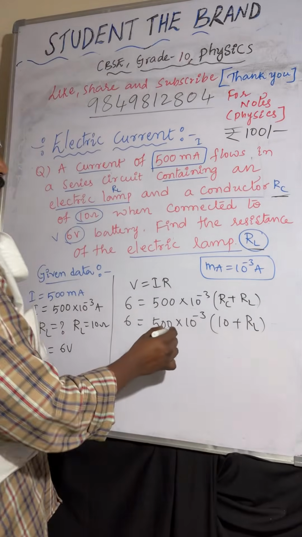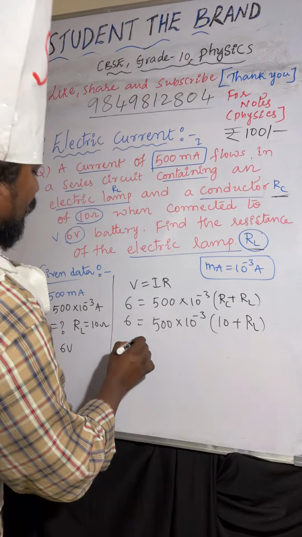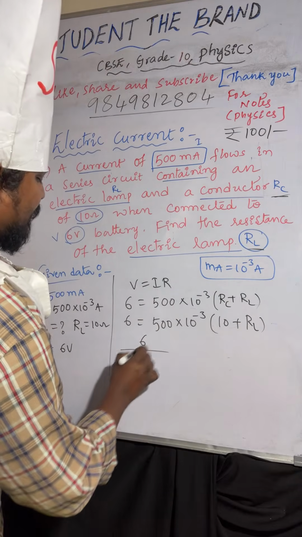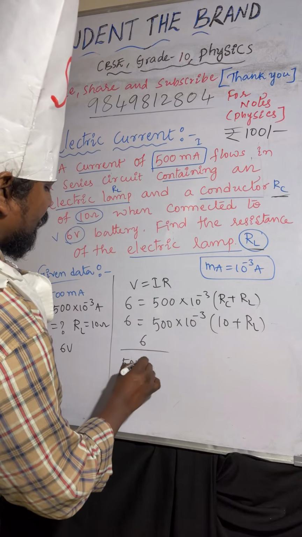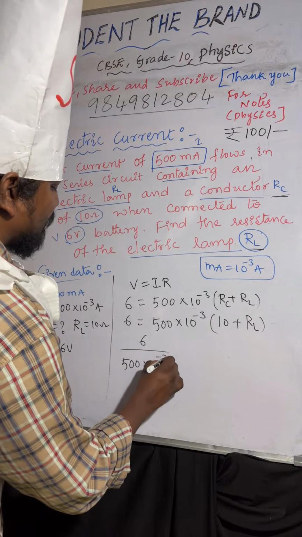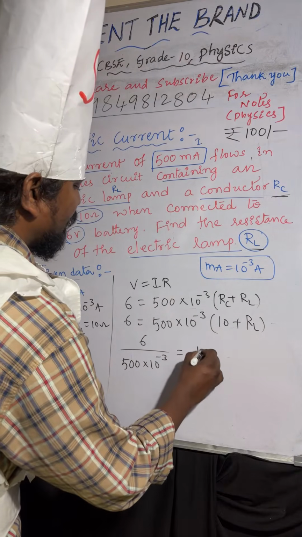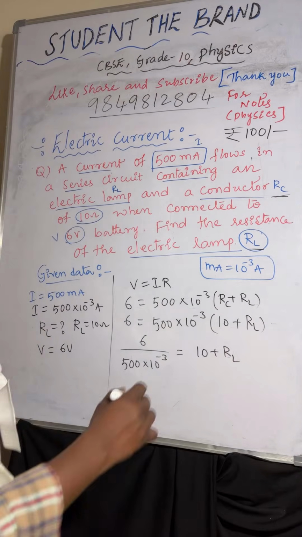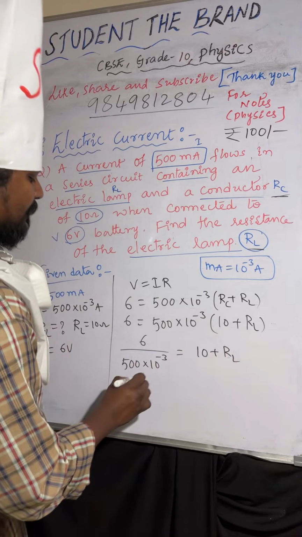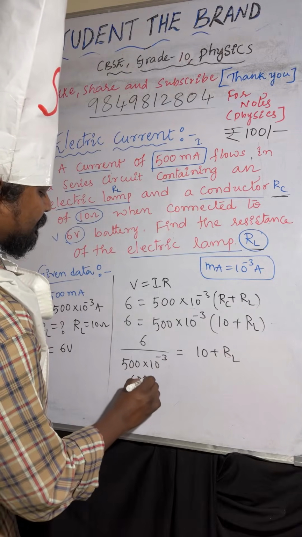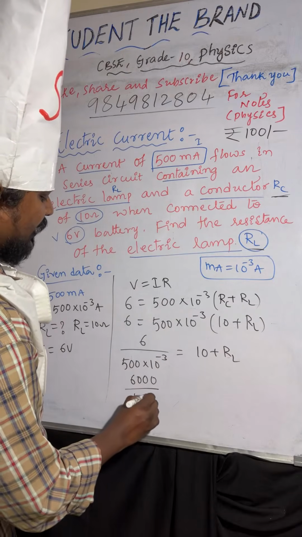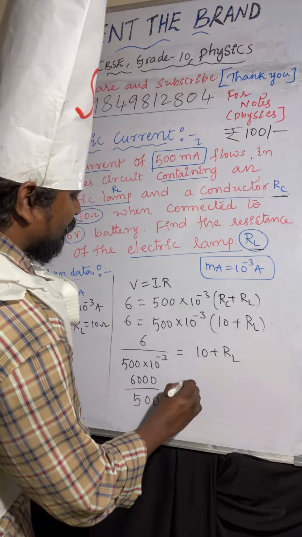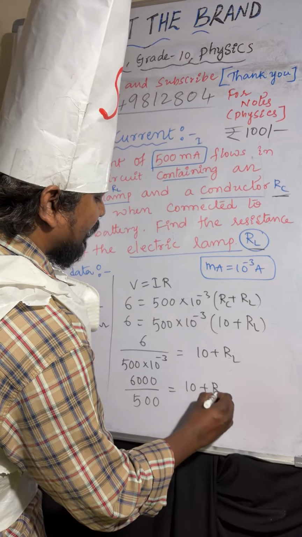Now you can take this value down. So 6 by 500 into 10 power minus 3. You'll get 10 plus RL, resistance of the lamp. So with 10 power minus 3 going up, 6000 by 500 equal to 10 plus RL.